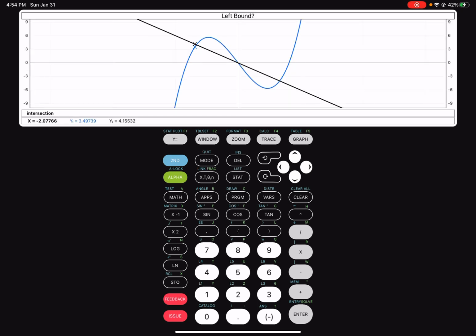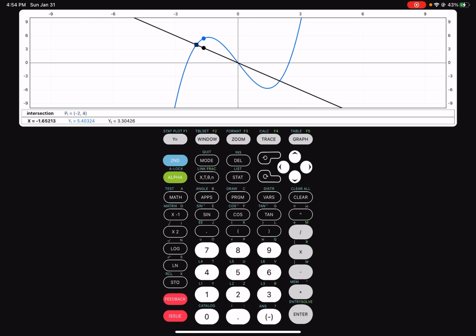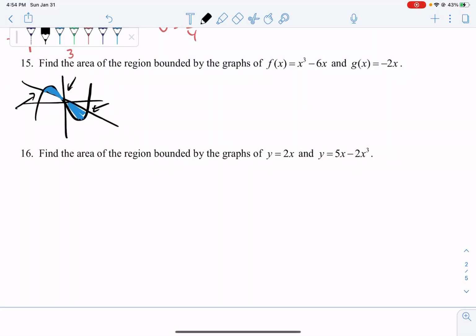We want to go left bound, right bound. So it intersects at negative 2, 4. So this point right here is negative 2. This one's easy, that's 0. I'm guessing that because this is symmetrical, my right endpoint is going to be 2. So you could have found that by hand.